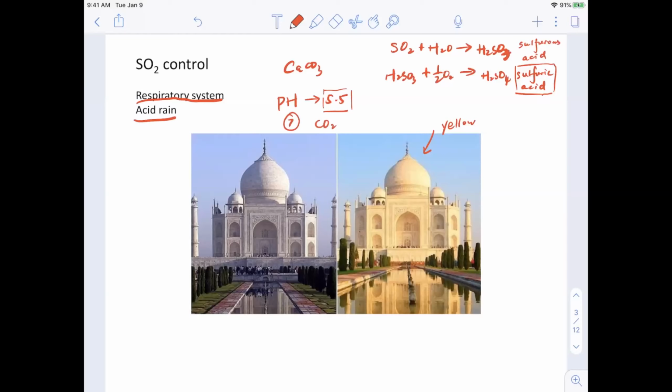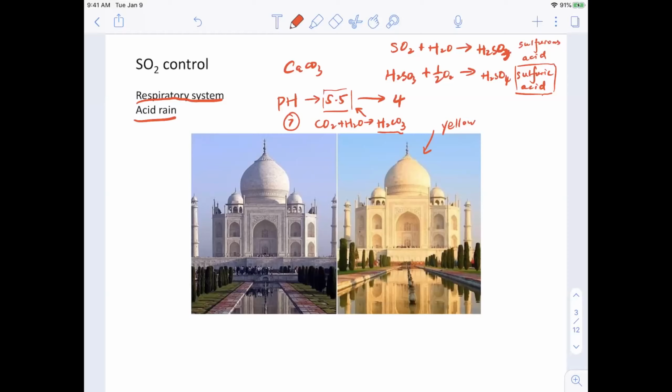Carbon dioxide can get dissolved in water and then form carbonic acid, right? Carbonic acid is also acidic, and this changes the raindrop into a kind of weak acid. But when there is sulfuric acid, or when we form acid rain, the pH can further drop to around 4, okay, which is very acidic, right?